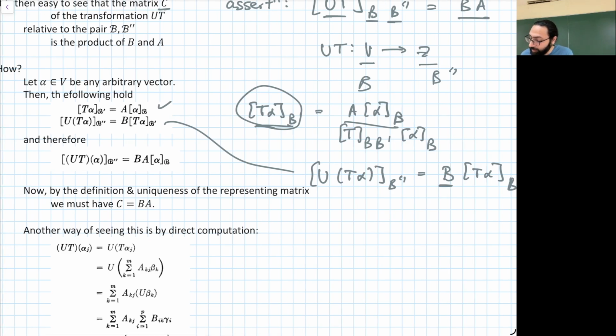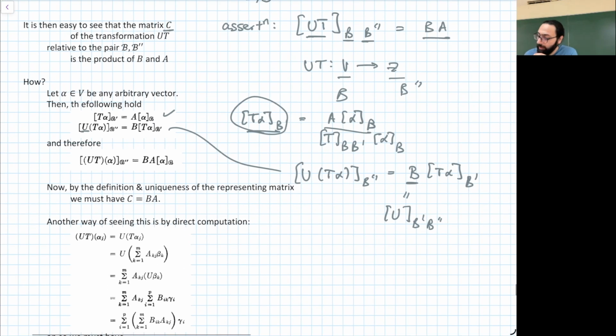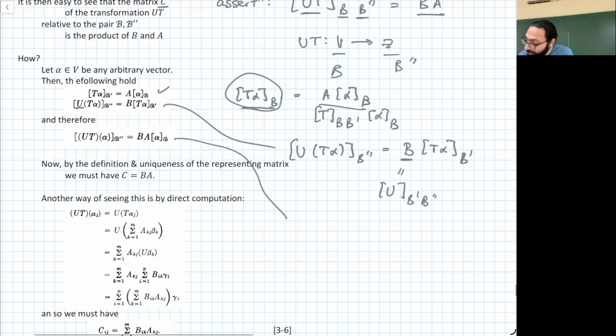B is the representation of U. Is that okay? What is B? B is just U acting from B prime to B double prime, so the representation of U relative to B prime. All right. And then finally, we can combine these.